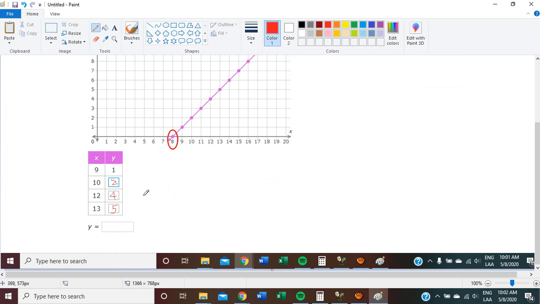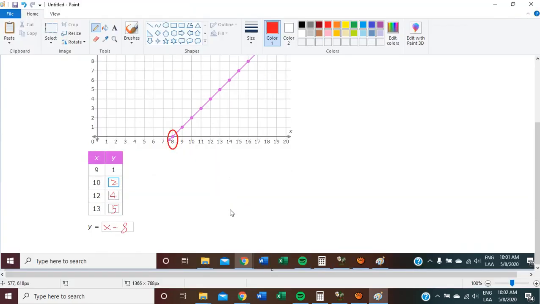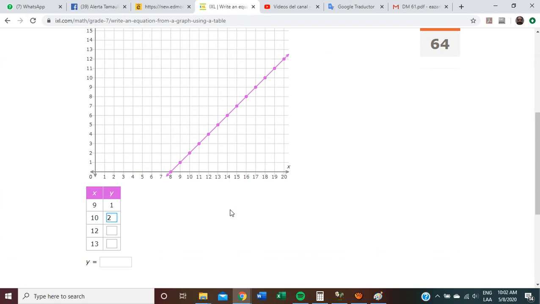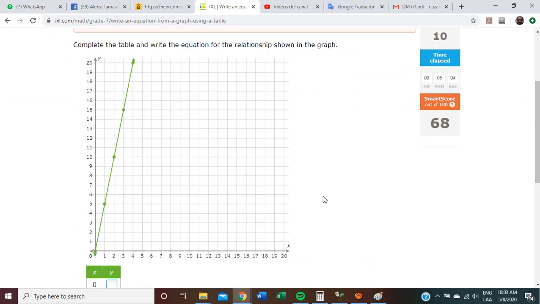So always minus 8, so our equation will be something like this. Okay, so we use those values. It is 2, 4, and 5, and our equation is going to be x minus 8. We hit the button, and that's it.